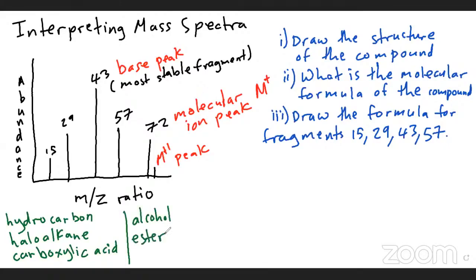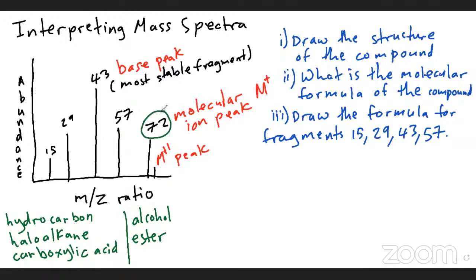And ester. You can get it for any of those compounds. All right. So starting off now, I'm going to show you how you can figure out these structures quickly. I'm going to start with the molecular ion.